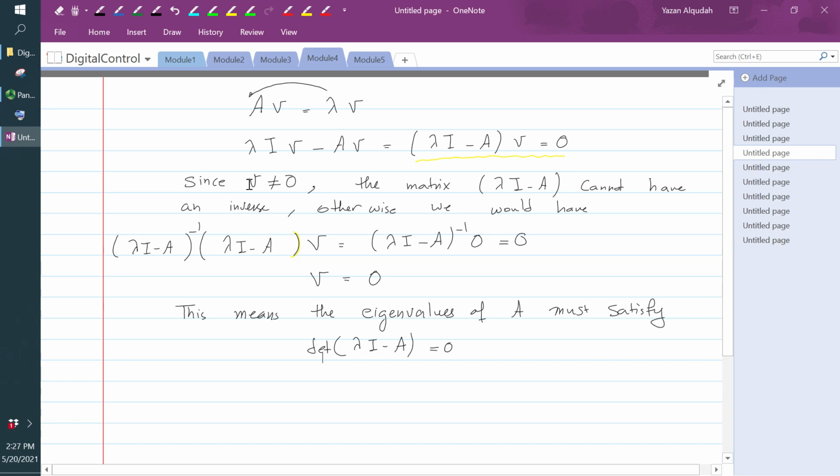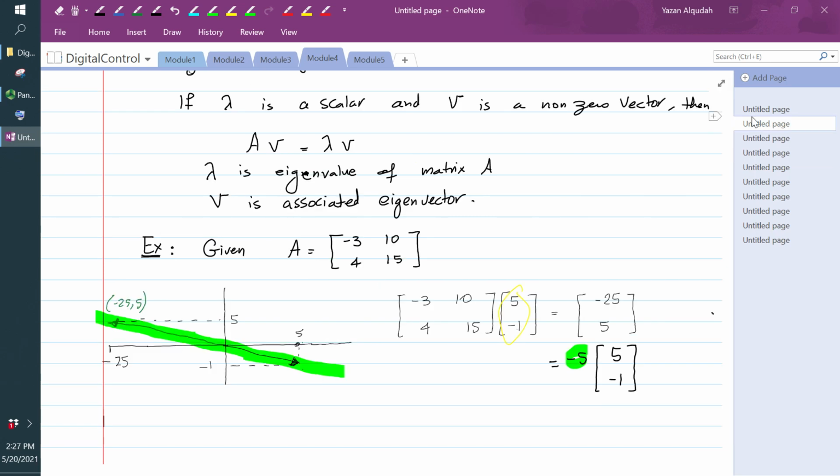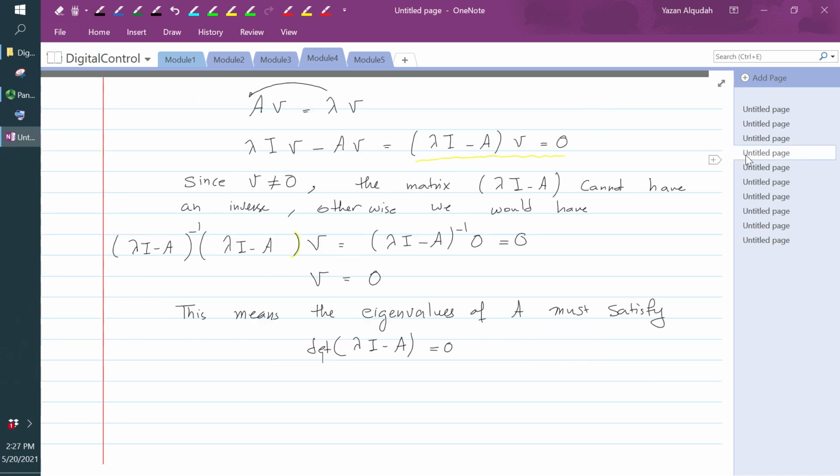Here we defined lambda as the eigenvalue, and we defined V as the associated eigenvector. Now what we said is A multiplied by V is equal to lambda multiplied by V. Then we said, okay, let's move the right side to the other side. If I move it, this is going to be lambda multiplied by I multiplied by V minus A multiplied by V, and it's going to equal 0.